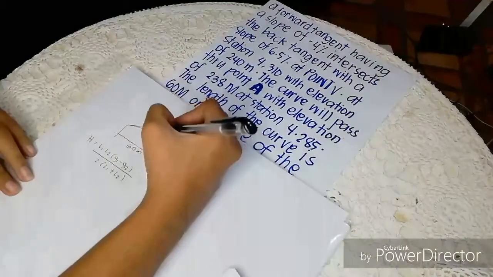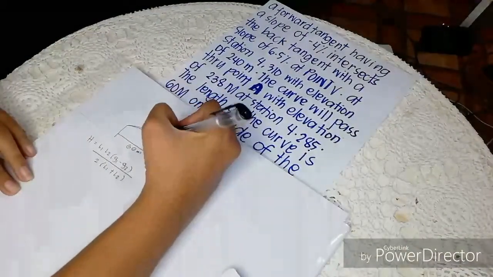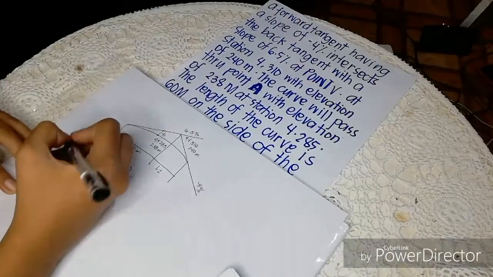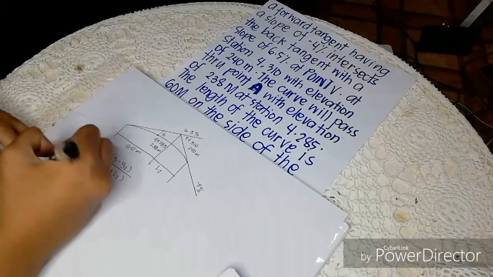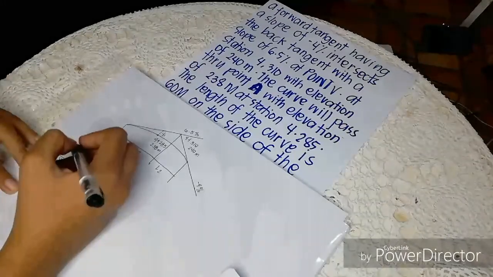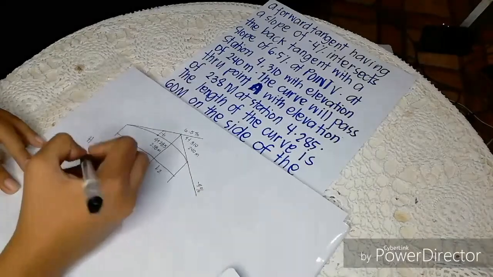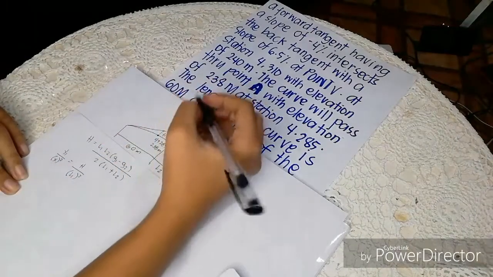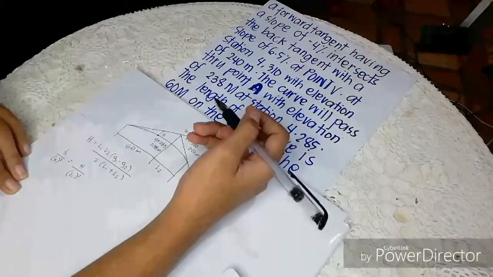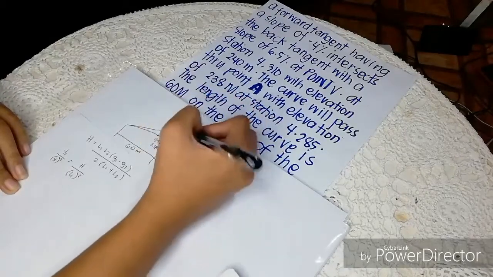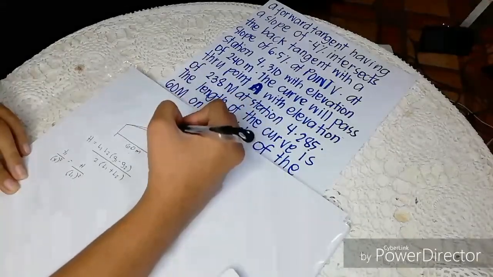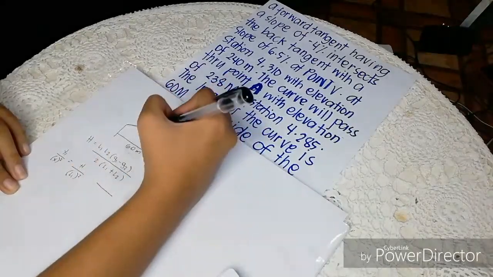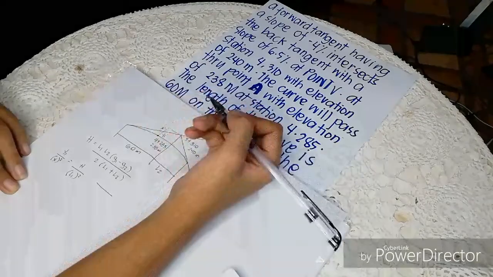So, dito sa Y1, which is in formula is Y1 over X squared is equals to H over L1 squared. So, yun dito, pwede natin siya makuha kasi may elevation tayo dito sa stationing. So, ito pwede natin tawagin na A prime.